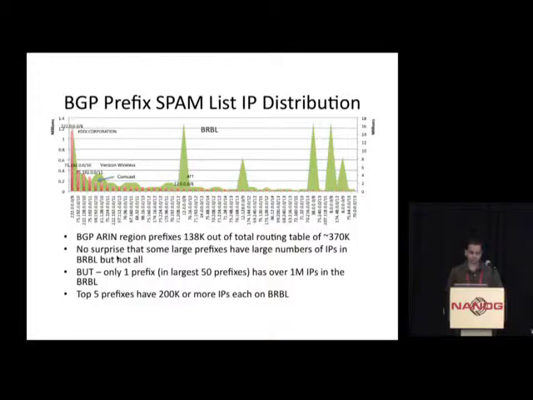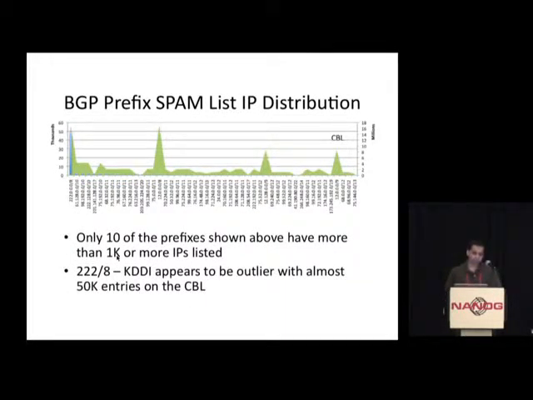That represents the prefix, and on the left axis is the number of entries on the RBL. The BGP ARIN region is about 138,000 prefixes, one large prefix, and the top 5 prefixes have 200,000 or more IPs on the BRBL.